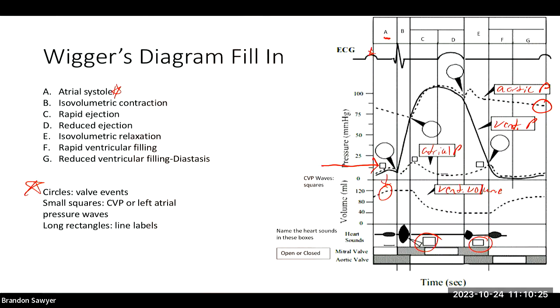And then we move into B, isovolumetric contraction. That was one we were talking about before. The ventricles start to contract here, but we don't have enough pressure to actually eject blood from the heart, so it's isovolumetric, volume staying the same. We see ventricular pressure starting to rise, but as soon as that happens, the immediate thing that happens is a valve event right here.